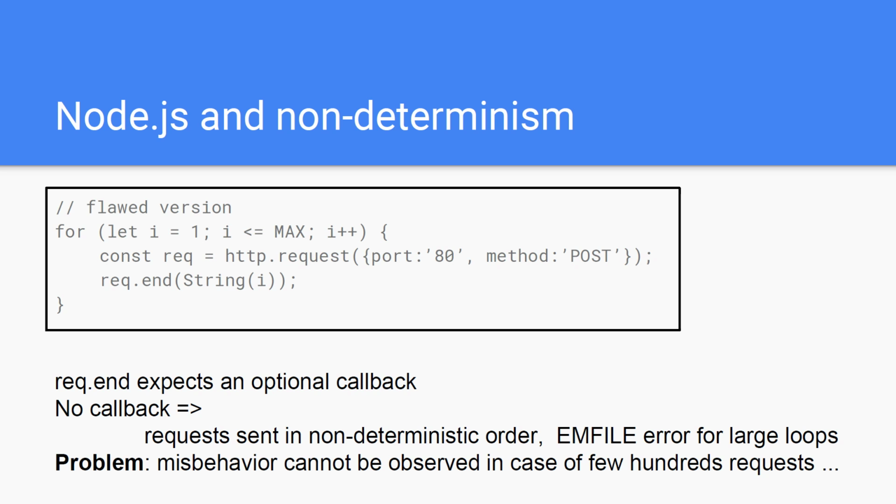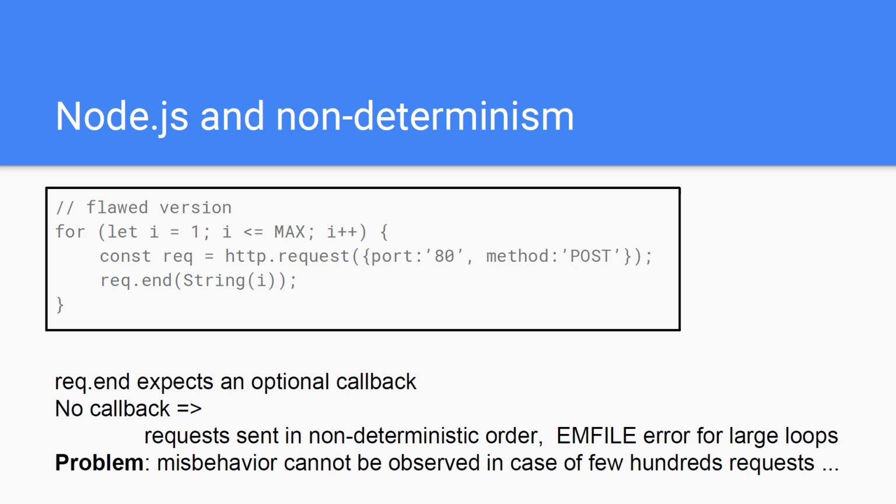Okay. The problem is that it's very difficult to catch this bug, at least if the number of loops is a few hundreds. So you want to send a few hundred requests, then you cannot really observe any problem, because if you test the server, you just see that the server receives the integers in the expected order.